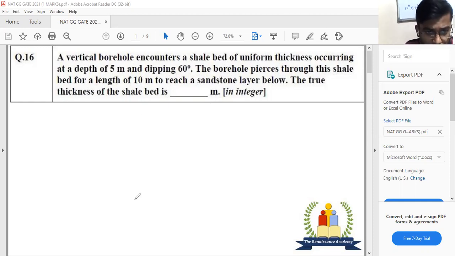Okay. So first try to draw a diagram. Let's say this is your surface. Then this is your shale bed.